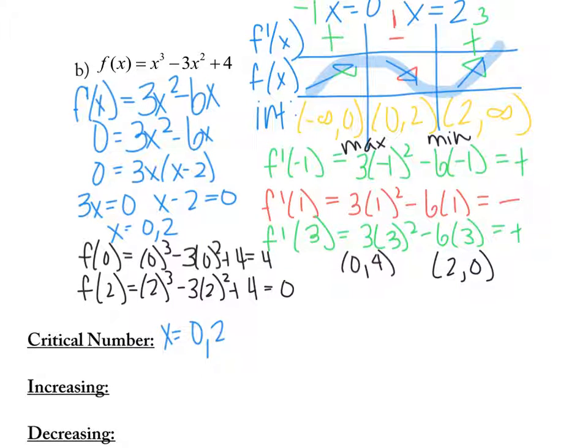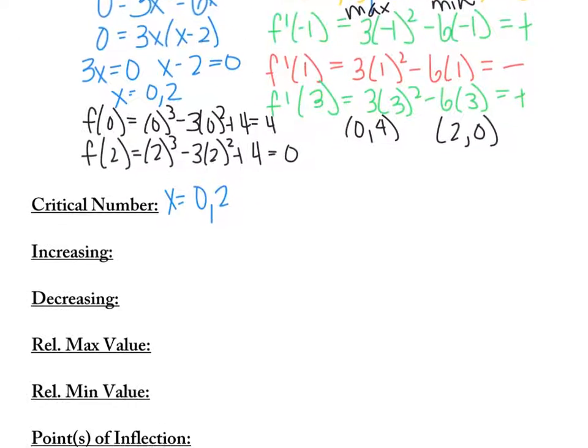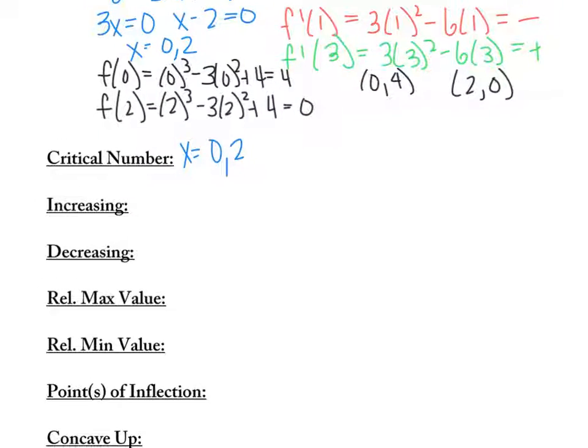Okay. I know I've been stressing this in the videos a lot, but let's just make sure that you guys are being really careful with notation. So knowing when we use f prime or f double prime or the original function itself. Okay, so let's fill in some information that we know. So we are increasing from negative infinity to 0, and then 2 to infinity.